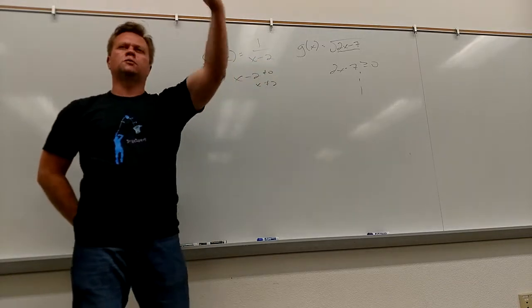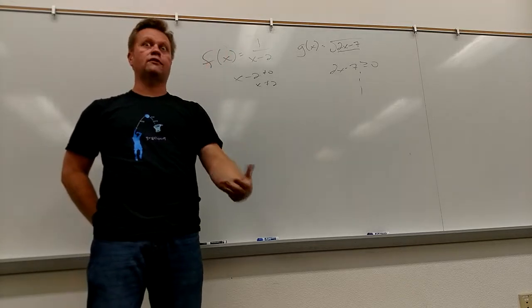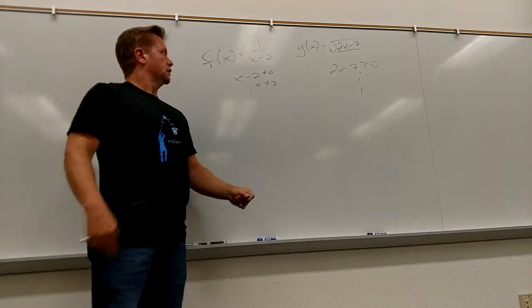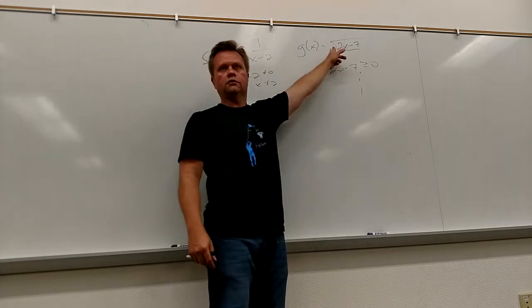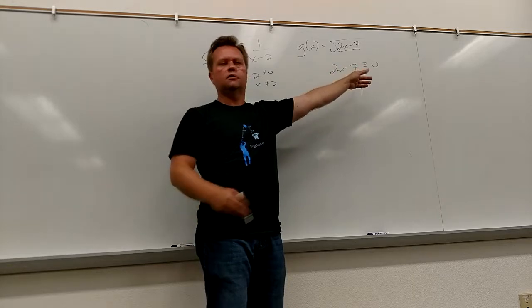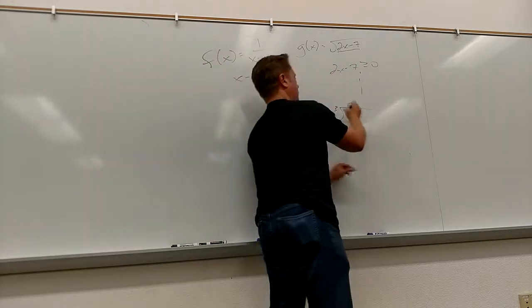Two things. When I say domain, I mean real numbers. If I meant complex numbers too, I'd have to say over the complex numbers. I have to be really specific. Secondly, what kind of root is this? Even root. So any even root is going to be uptight. It can't handle negatives. So if this would have been instead cube root of, who cares?